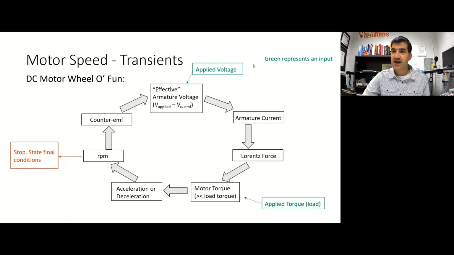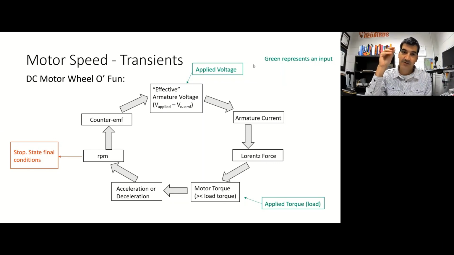All right, so I'm going to stop here, but what we've got is a feedback loop. We're going to apply a voltage. That's going to cause current to flow. That's going to give us a Lorentz force. That's going to create a torque. That's going to cause it to accelerate. That's going to cause the RPM to increase.